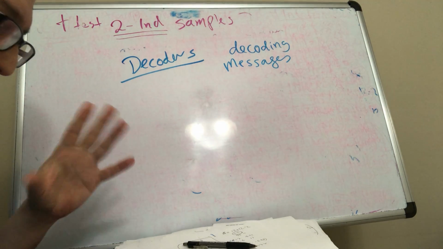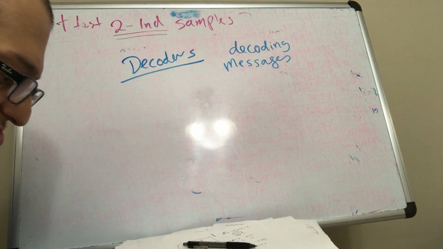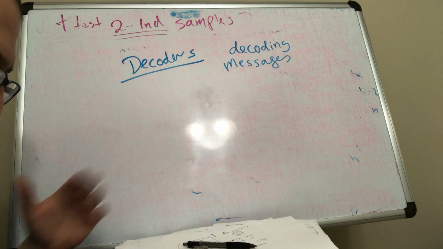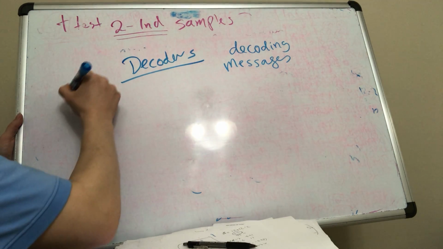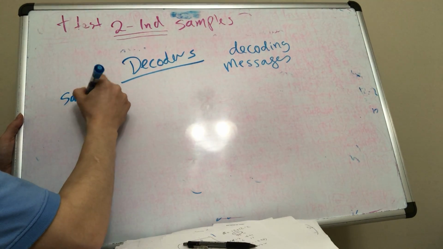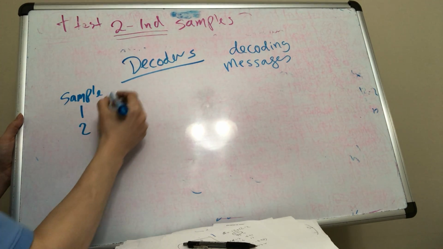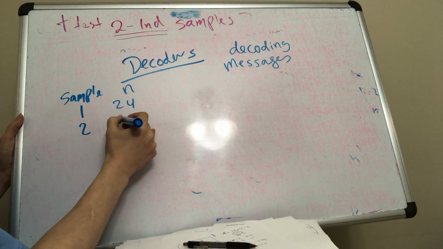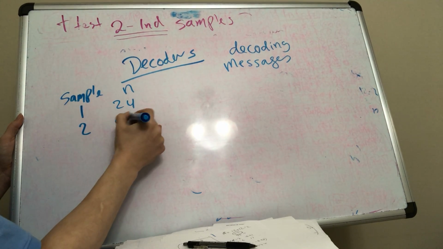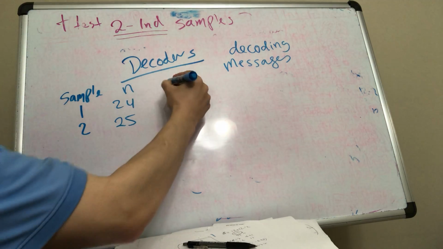This is a military question, so they have two different systems to decode messages, and they tell you that they have sample 1, 2, device 1, device 2. They tested the first one on 24 messages and the second one on 25 messages.